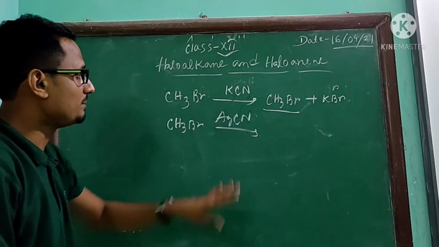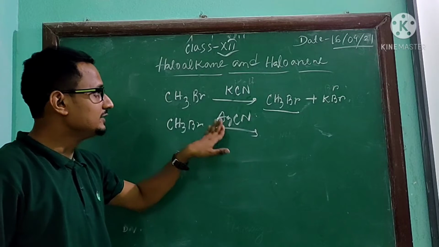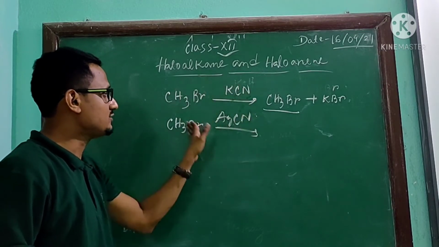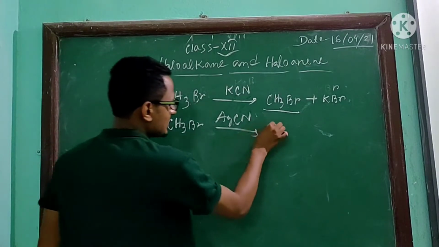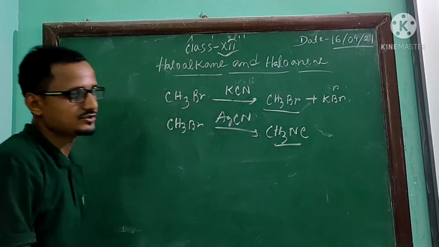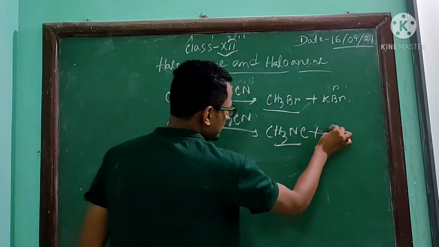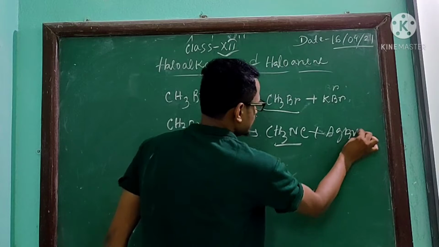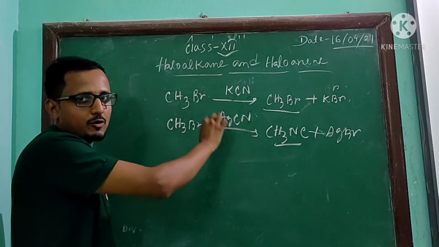This compound is important. Taking the same CH3Br, if you add AgCN, as this compound is very much covalent in nature, the bonding will normally be through the nitrogen, not through the carbon. So these two reactions are more or less similar, but here you will get isocyanide, methyl isocyanide, with AgBr, because AgCN is predominantly a covalent compound.